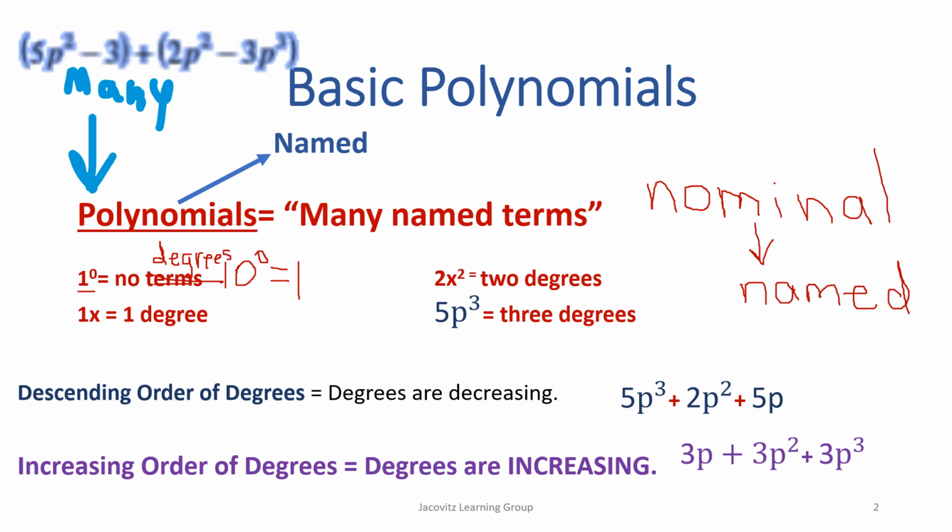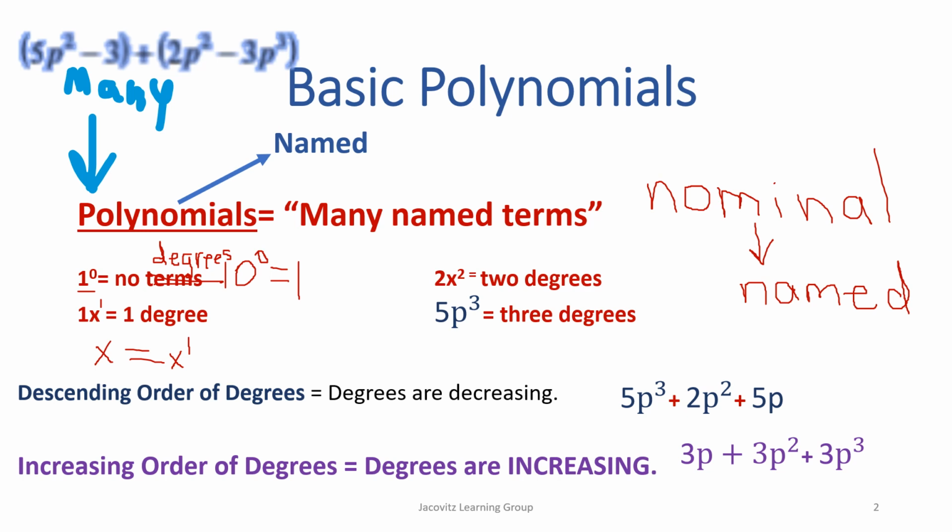That's your term. 1x is right here, there's 1 degree. Okay? You have to understand that if something is x by itself, x also equals x to the first power. Okay, 2x squared means 2 degrees. And here you have 5p cubed, it's just these numbers raised.